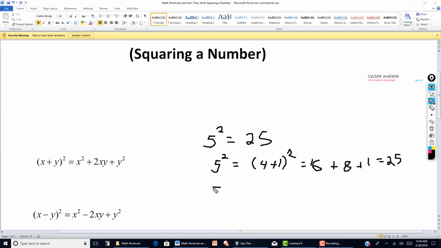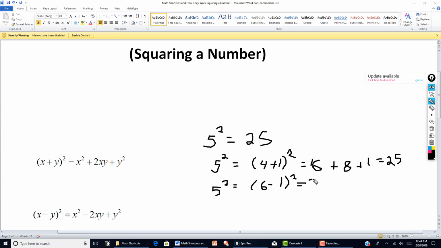Now I could also write 5 squared as (6 minus 1) squared, and apply the second formula. The 6 represents the x and the 1 represents the y.